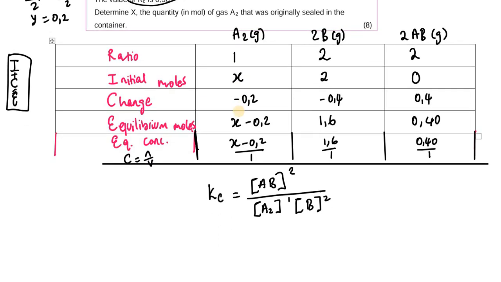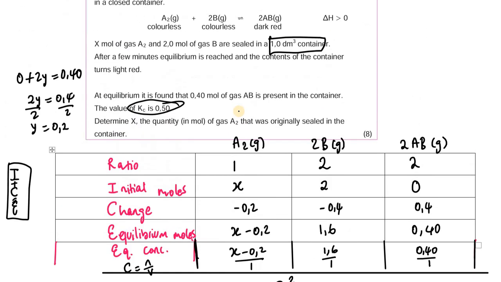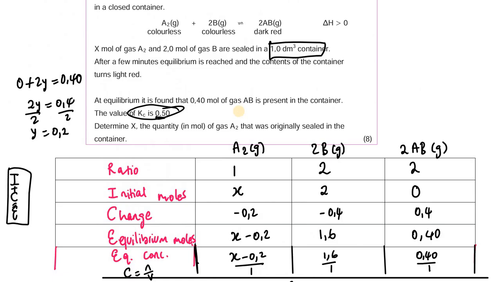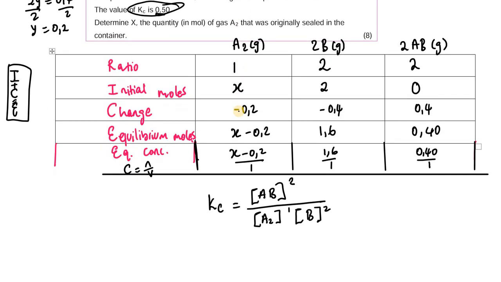So therefore now, you were given Kc, guys. You were given that Kc is 0.5. So we simply put 0.5 here. What about AB? Well, the concentration of AB is this one, 0.4 over 1. It's still going to give you 0.4. So you say squared. And guys, when you put here now, you put round brackets, but here you use square brackets because it's concentration.